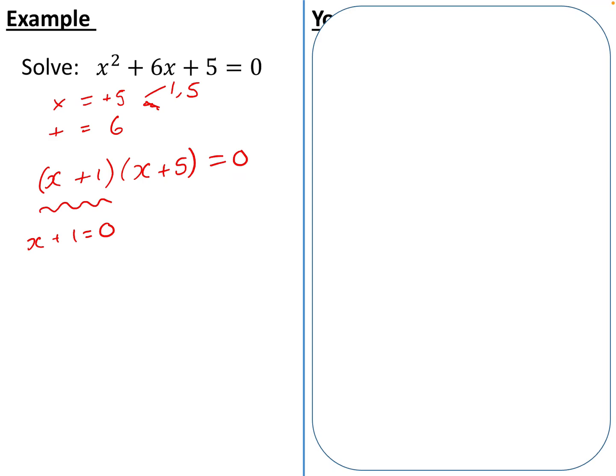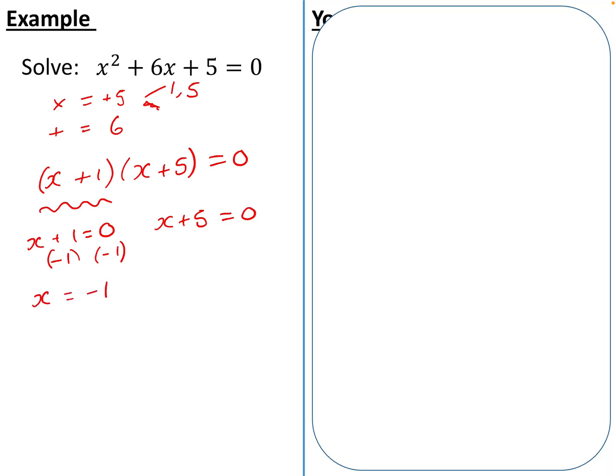But also, if I decided instead to make the second bracket equal to 0, so this time x plus 5 equals 0, it doesn't matter what number is in this bracket anymore because it will still equal 0. So what I've now created is 2 linear equations which you know how to solve. I want to rearrange these to find out what is x when this whole thing equals 0. Well, if I subtract 1 from both sides to isolate x, I get that x is equal to -1.